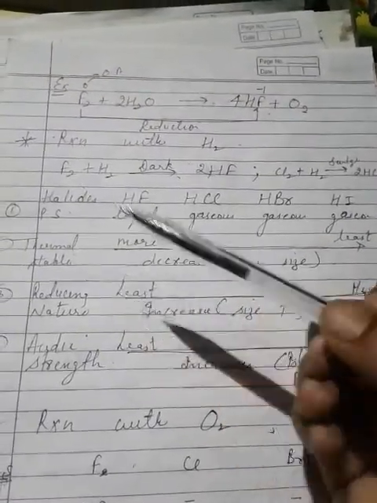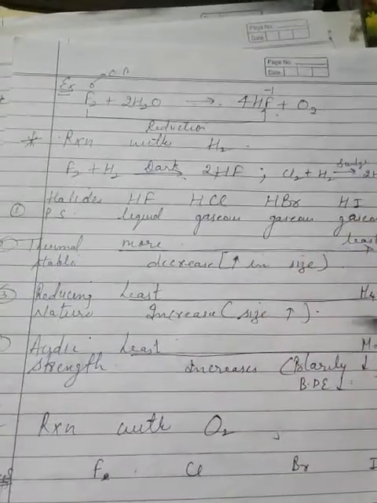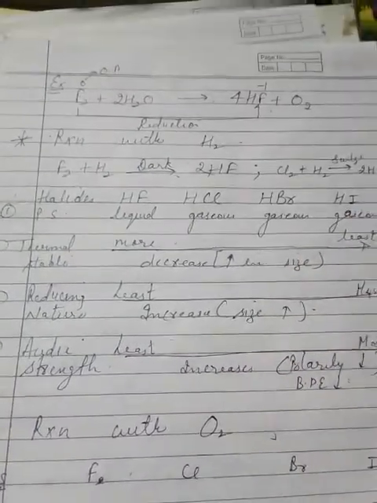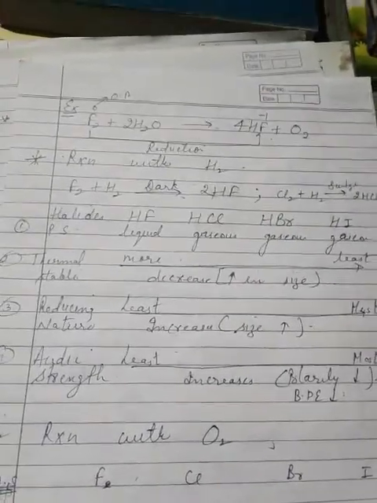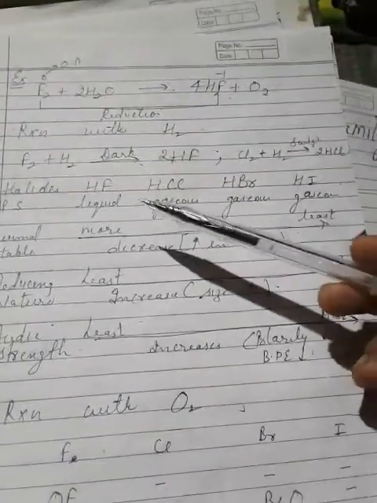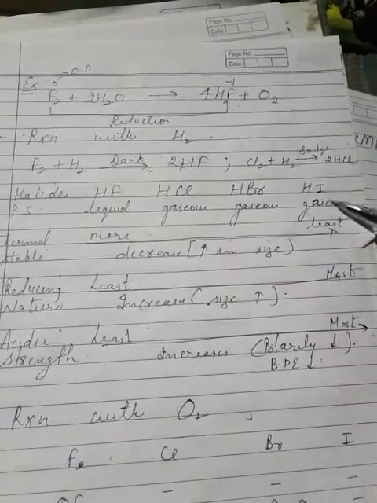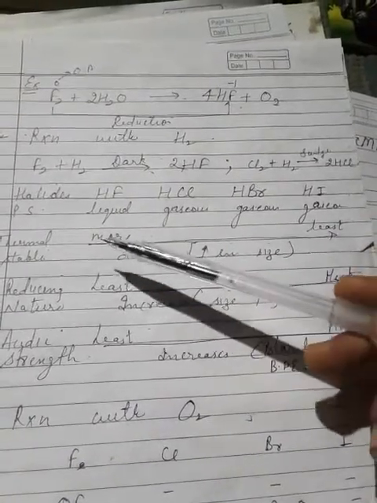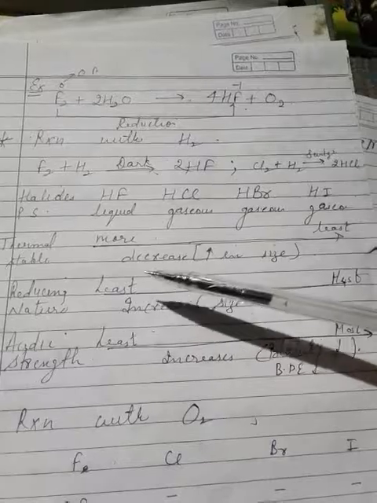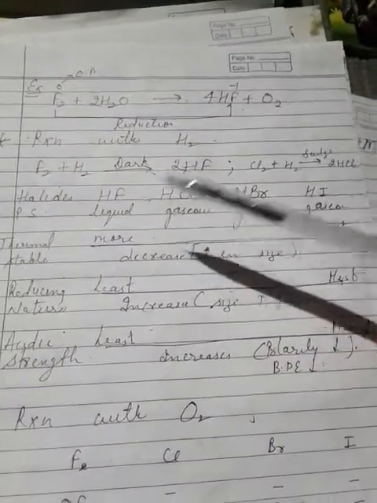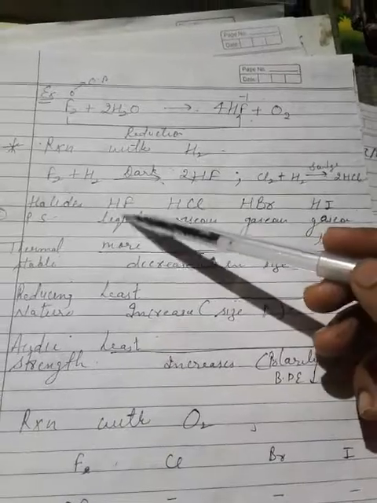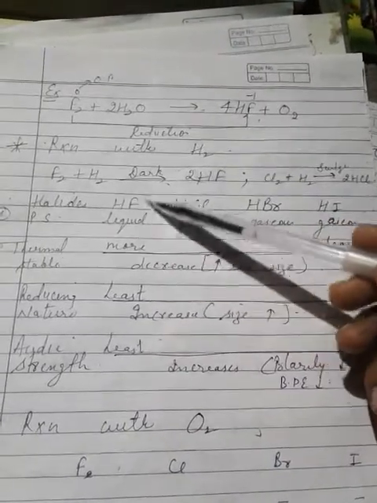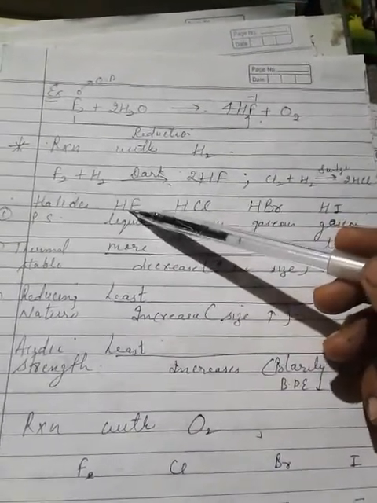Next is the point of thermal stability. Thermal stability means how much they can resist heat. The more they resist heat, the more thermally stable they are. So you can see from here that HF is there, HI is there. As we move from HF to HI, the thermal stability decreases. The reason you can give is that HF is a very unique case because it has hydrogen bonding.